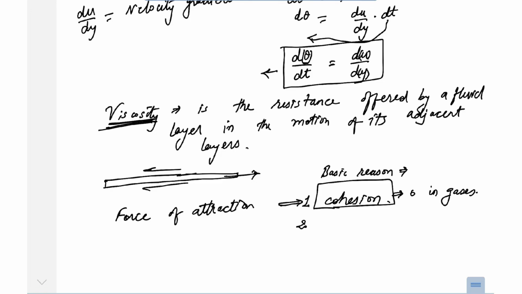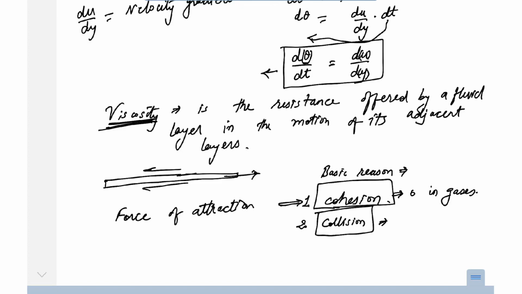Then what happens in gases? Why is there some resistance to the flow in gases, or is there a resistance or not? So the answer is yes, of course there is a resistance to flow in gases also, but that resistance is due to the collision of particles. So the basic reason of viscosity in gases is collision of particles, whereas in liquids there is almost negligible collision of particles.